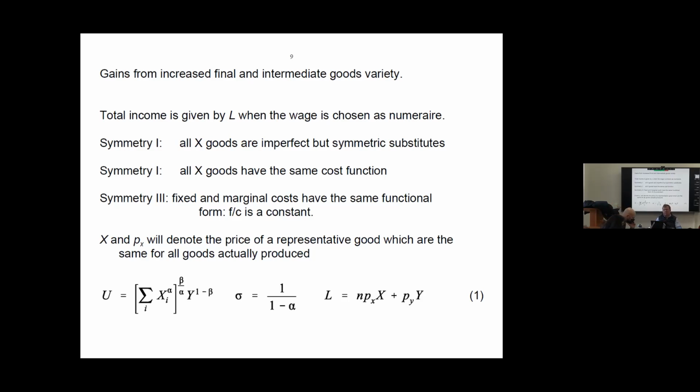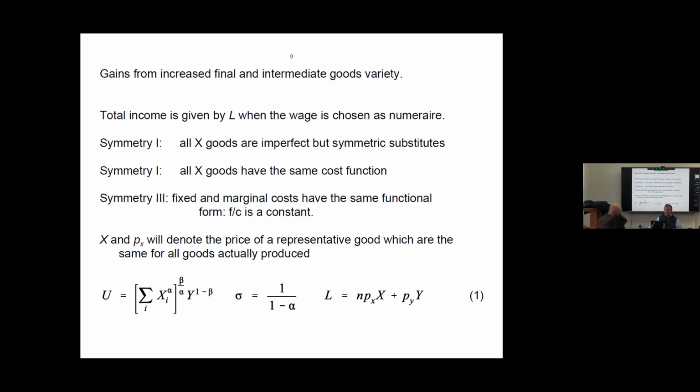Just to be clear about this, what is being assumed here about preferences? I've written down 3 assumptions that I think characterize what is going on. I'll call them symmetry 1, 2, and 3.